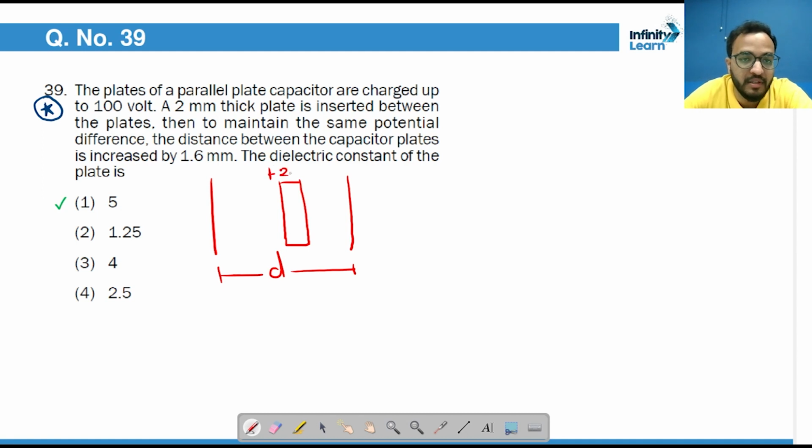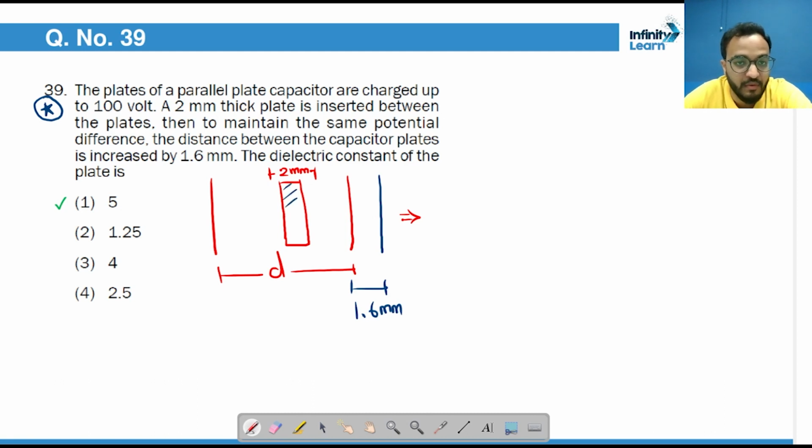This thickness is 2 millimeter, right? Now, obviously capacitance will change, but in order to attain the previous actual capacitance, we need to shift this plate by an extra distance of 1.6 millimeter, right? Okay, cool.